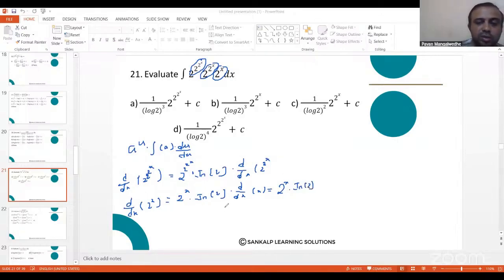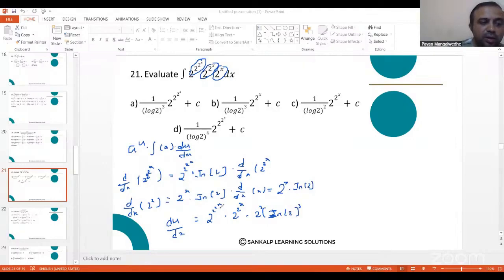Using all the derivatives in the single condition, that is du by dx is equal to 2 raised to 2 raised to x into 2 raised to 2 raised to x into 2 raised to x dx, which can be written as the integration of 2 raised to 3.